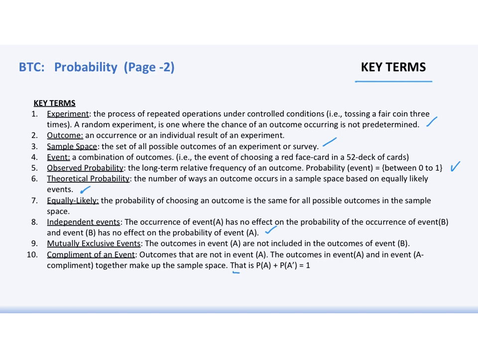That is, the probability of A plus the probability of A complement equals 1.